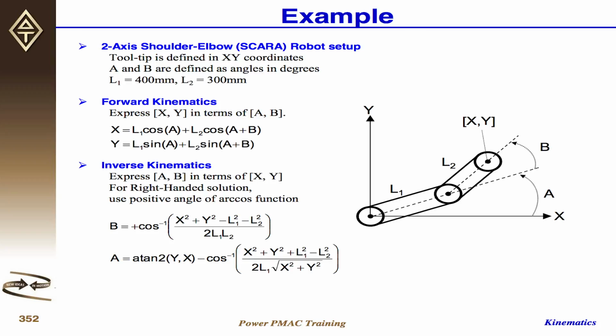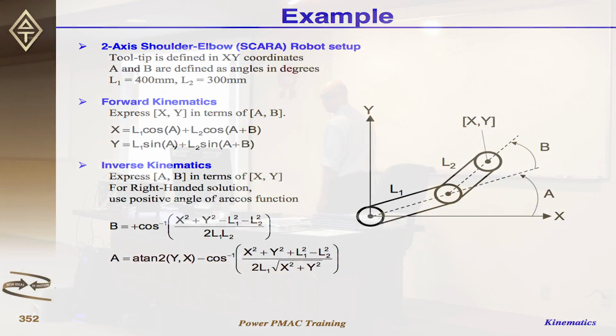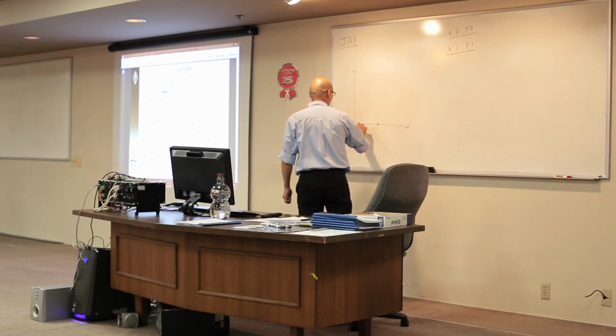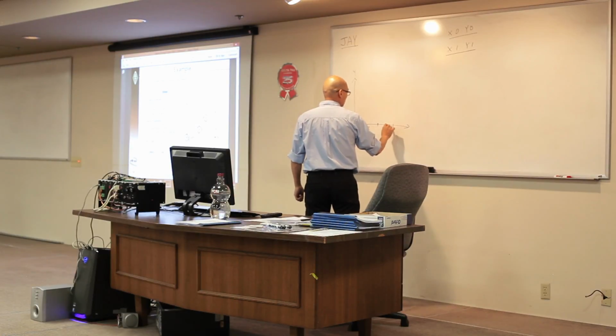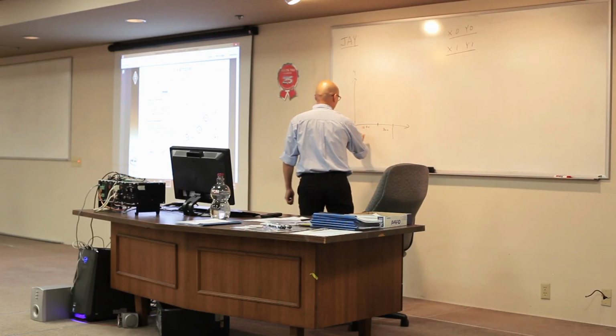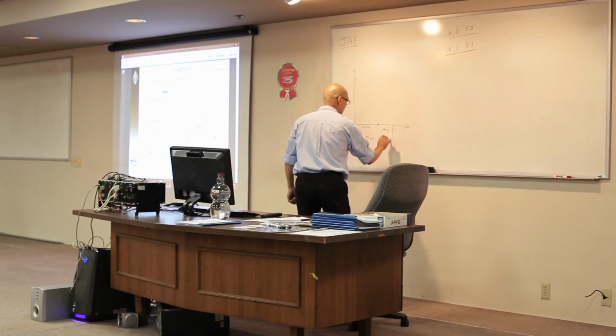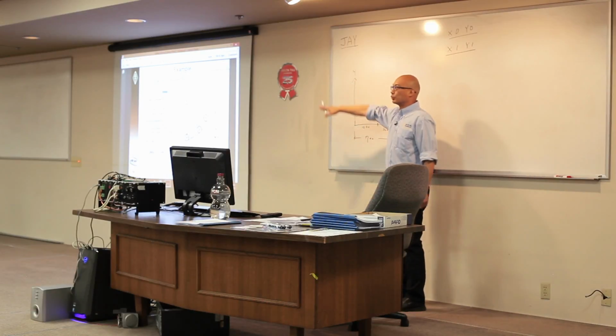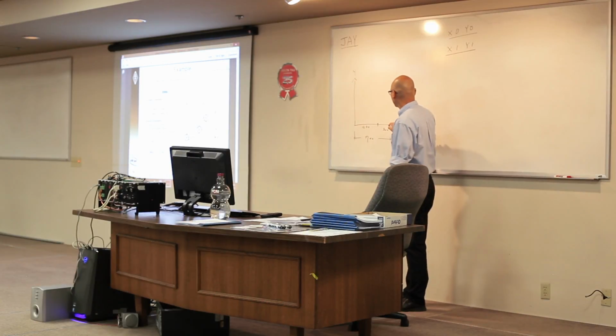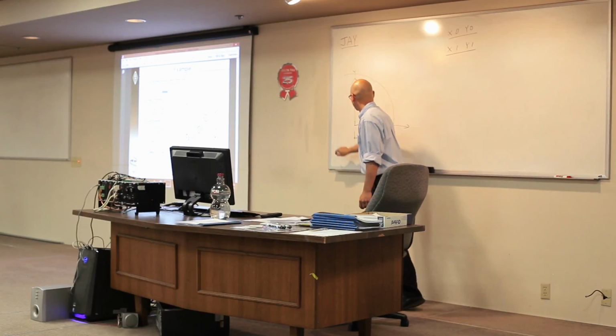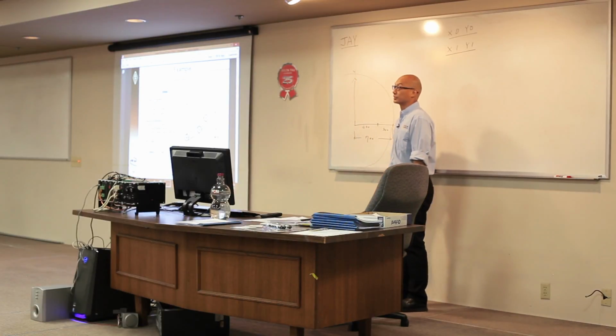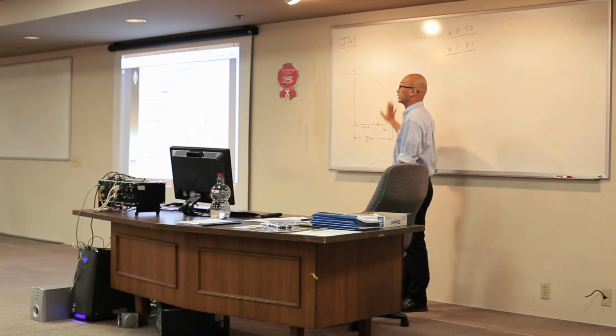The other thing: the arm lengths that we define are 400 and 300, which means the arm span length will be 700, right? That means the tooltip is confined in this circle, a 700 millimeter circle. Okay, the tooltip range.